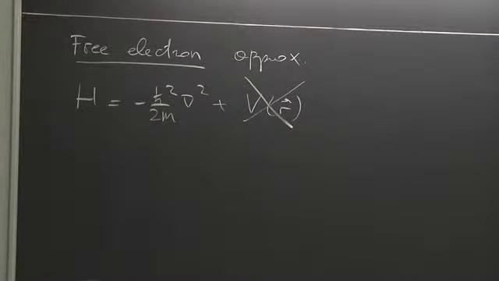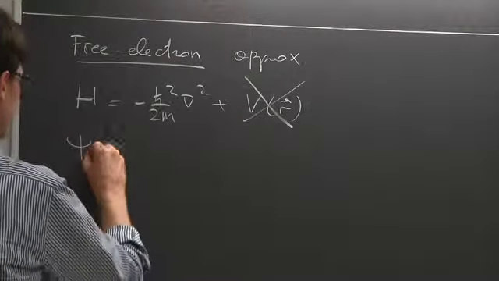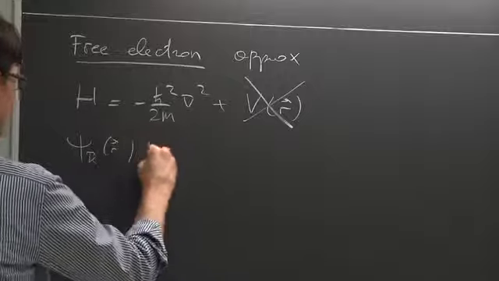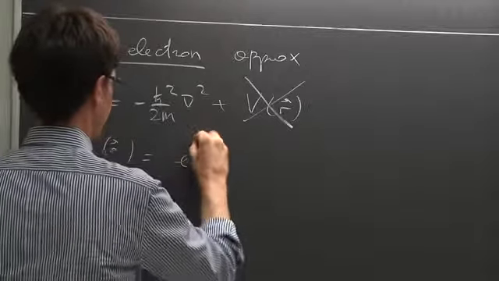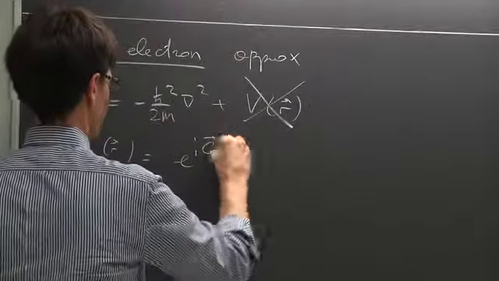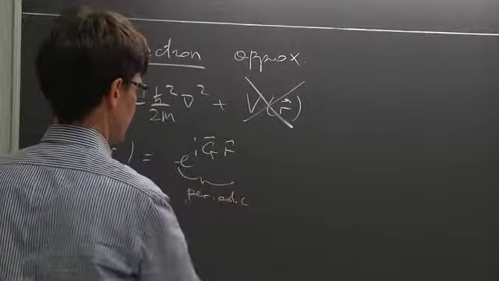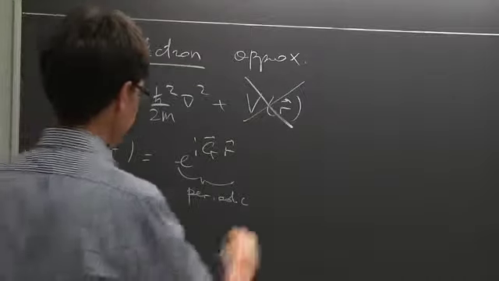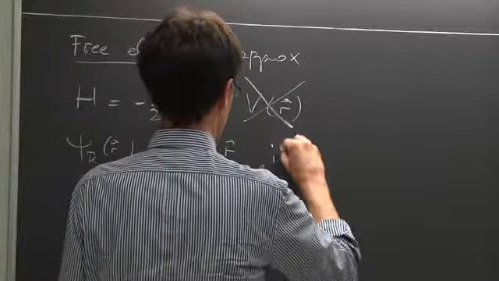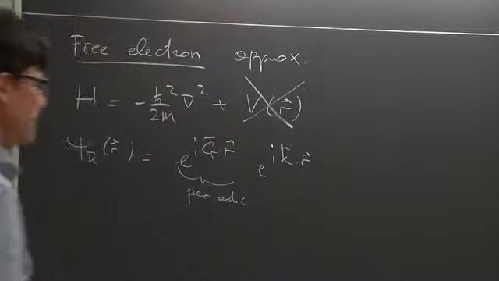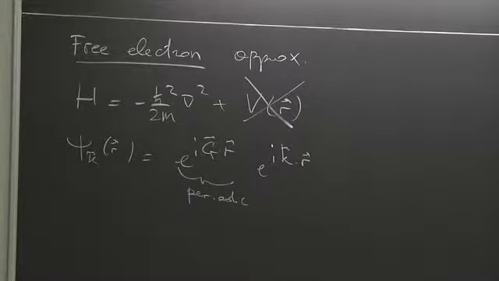We argued that the solutions psi_k(r) are given by a periodic part, the U in Bloch's theorem, times the phase that comes with Bloch's theorem.